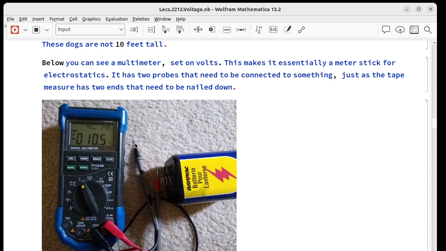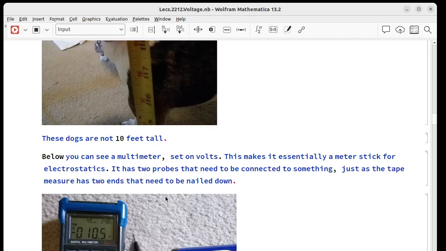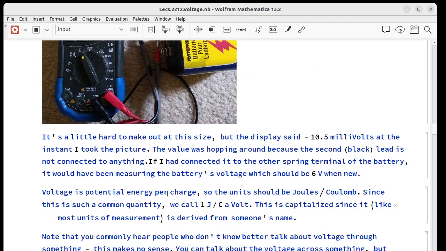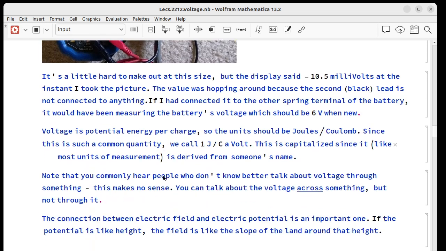The reason is that we're not really measuring anything here if we're only connecting one end, just like nothing in this picture is really 10 feet. If we connect the other terminal of the battery to this black probe, then it would read something like 6 volts, which is what we get when it's new.